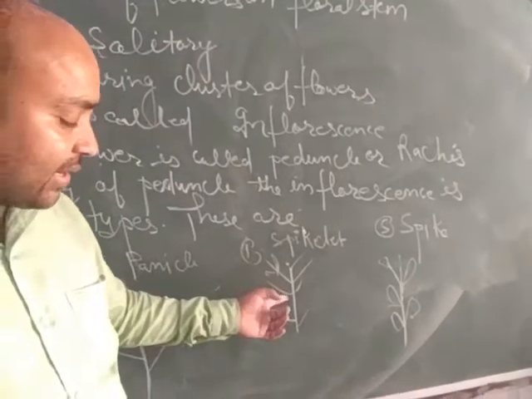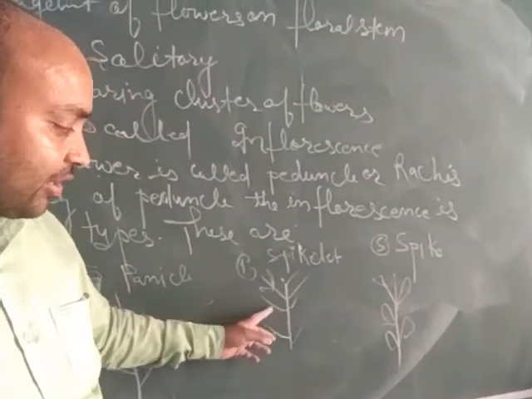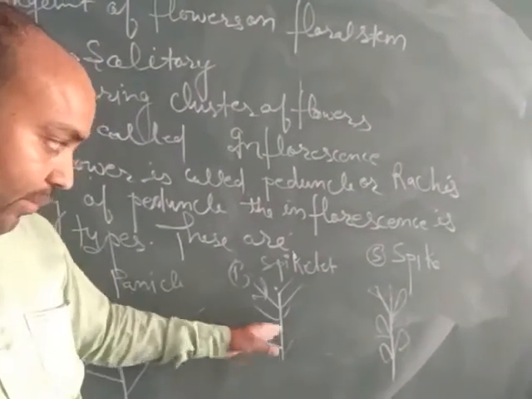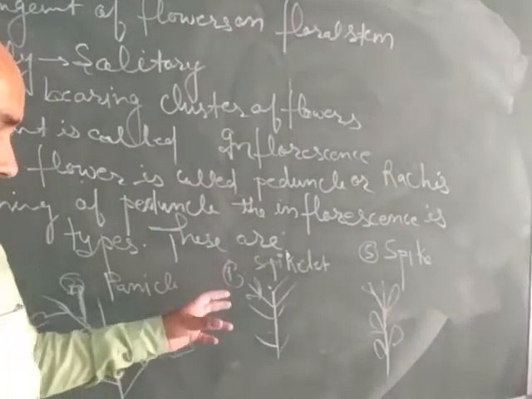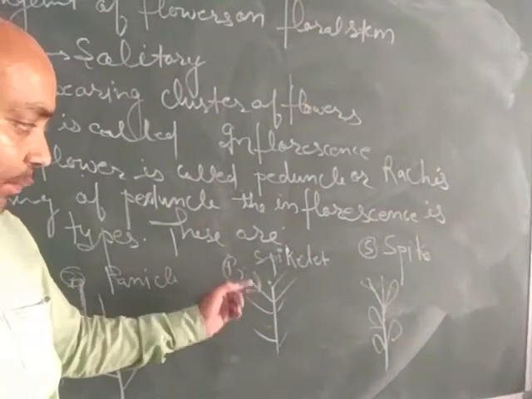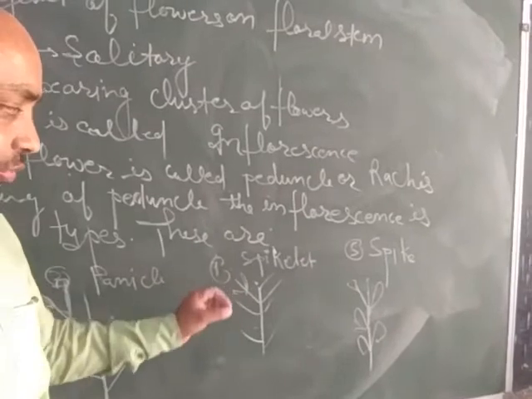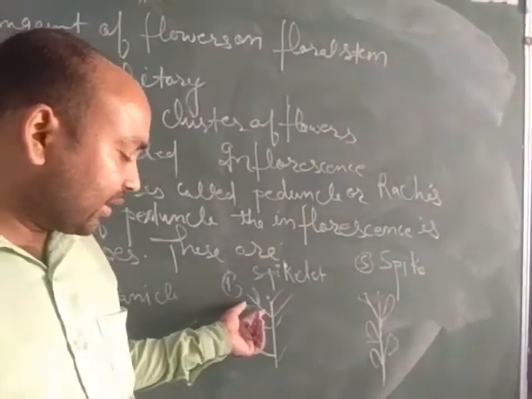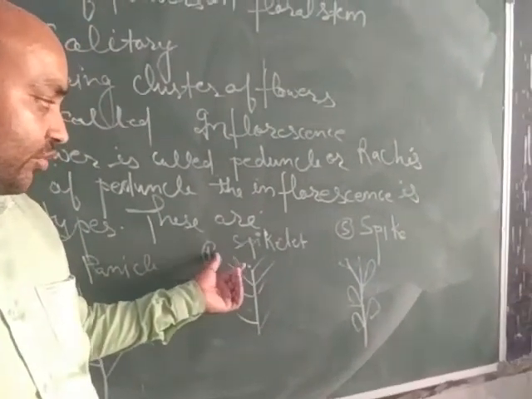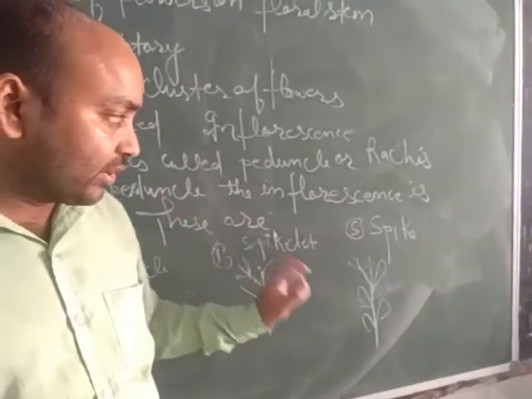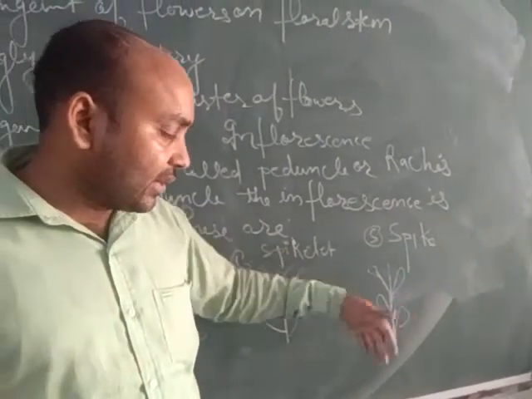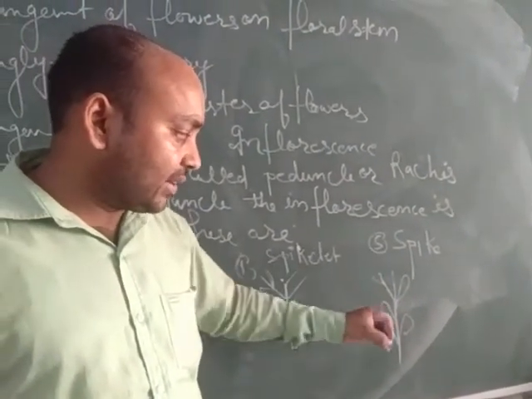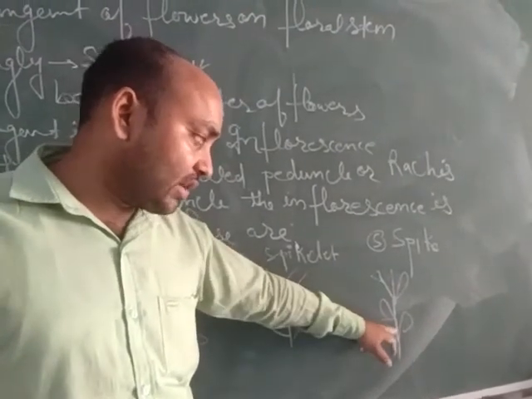In the spikelet condition, spike-like branches arise from the peduncle, each peduncle bears two leaves, and on these spike-like flowers originate. And in spike condition, flowers are directly attached to the main stem.